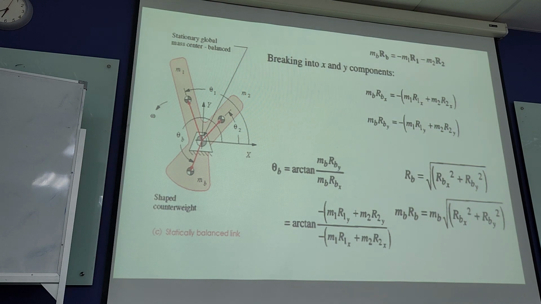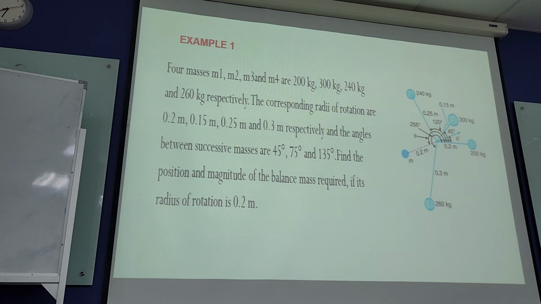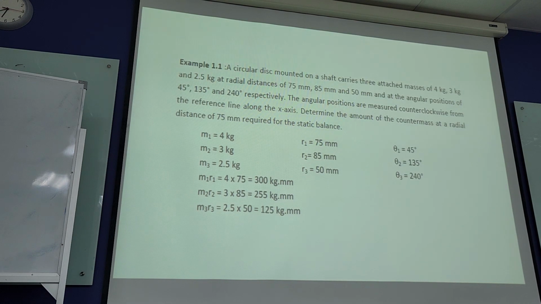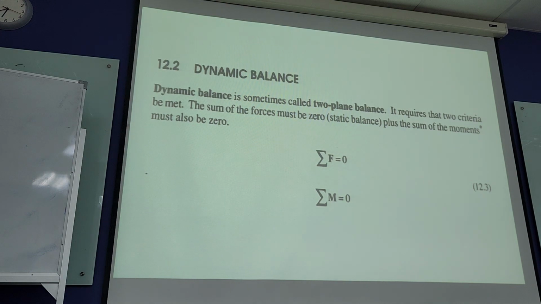Alternatively, you can also do this very easily by plotting the MR polygon. We have done that in the last session, so we have done some problems related to MR polygons. That is simply static balancing.